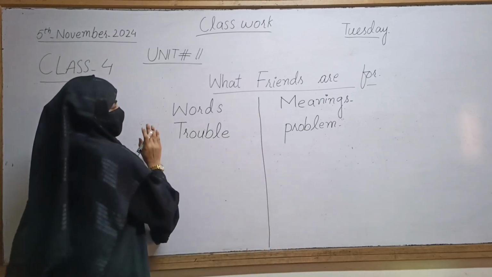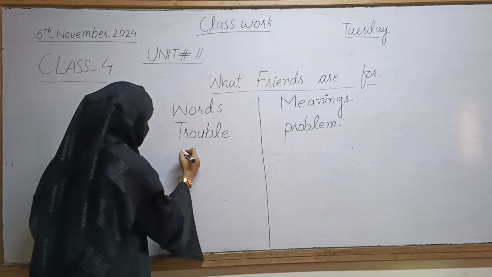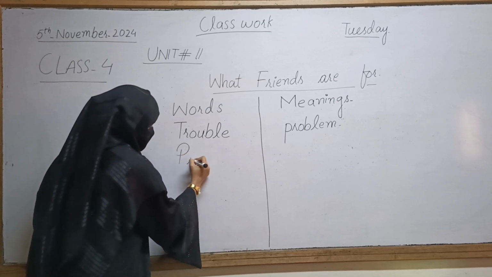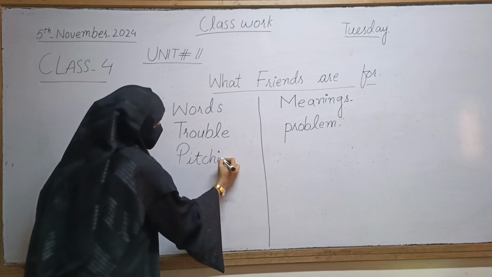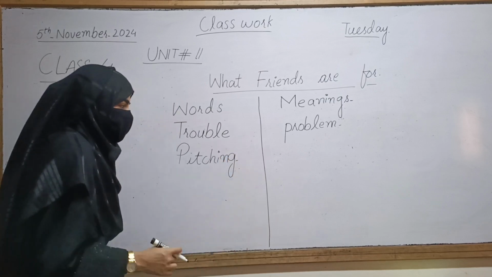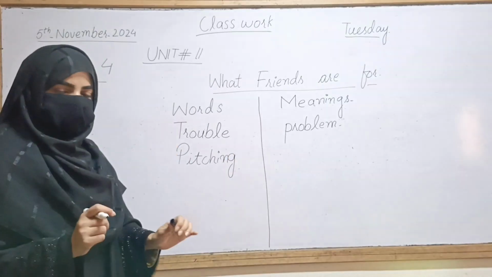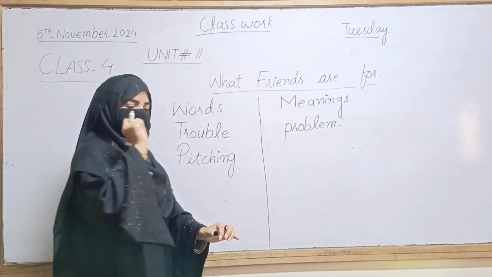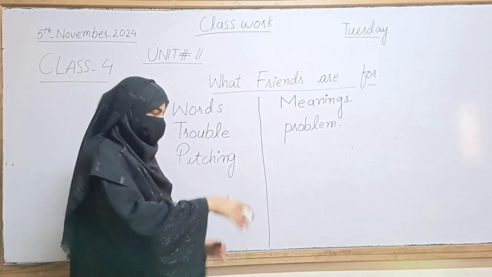Okay. The fourth word is trouble, and the fifth word is pitching. What is the word? Pitching. Where have we read this word pitching? They were asking Salim, come Salim, we will pitch marbles. So pitch marbles means to throw marbles on another marble. Throw, play. Okay?